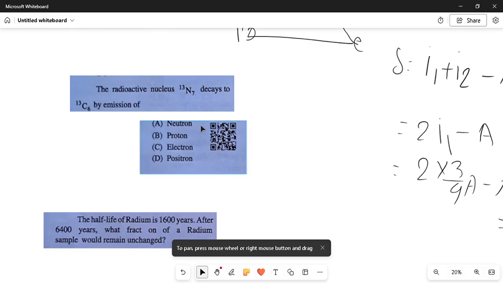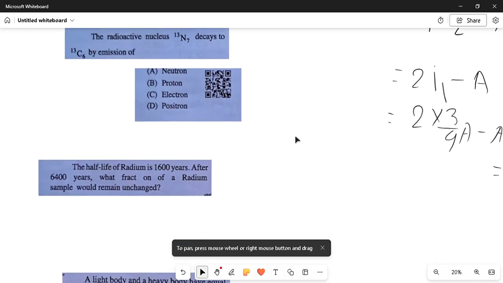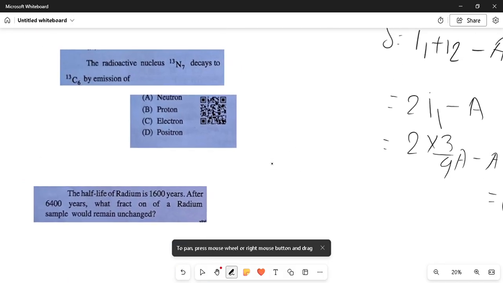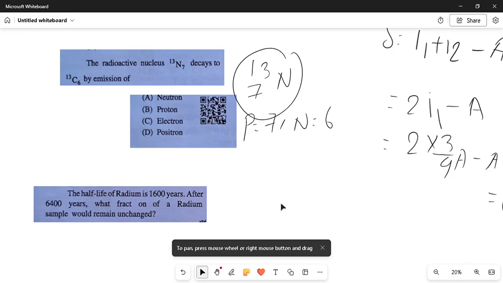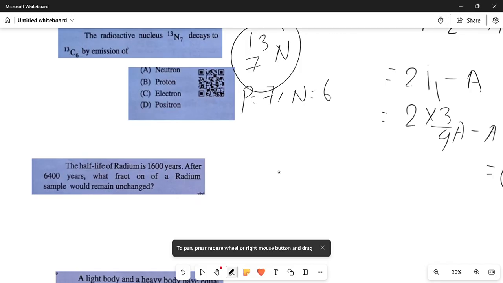So the radioactive nucleus 13N decays to this by emission of this. First is 13N7: proton is 7, neutron is 6 in this element, and the second element is 13C6, where proton is 6, neutron is 7.